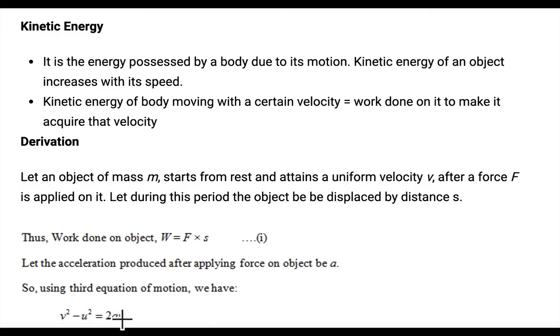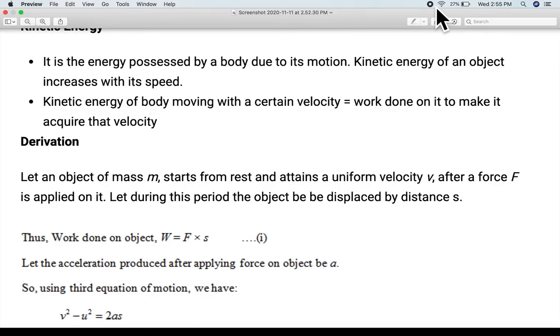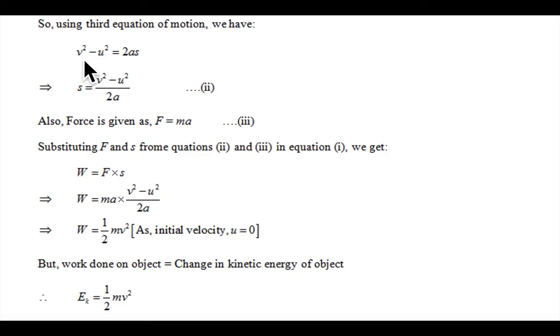According to the third equation of motion, which we have already studied, we know v square minus u square is equal to 2as, or we can calculate s from here, that is equal to v square minus u square upon 2a. And force, we know, is equal to m into a.